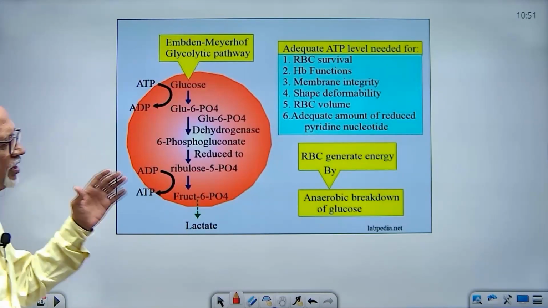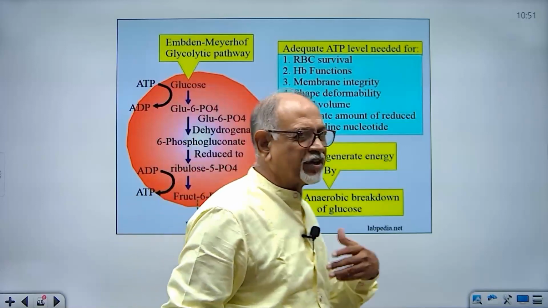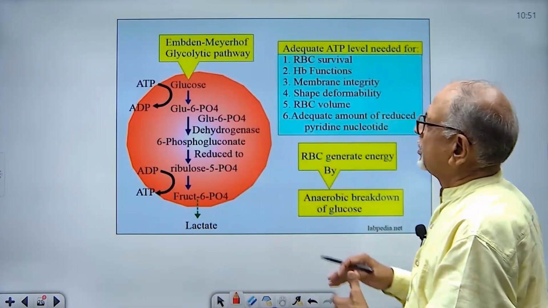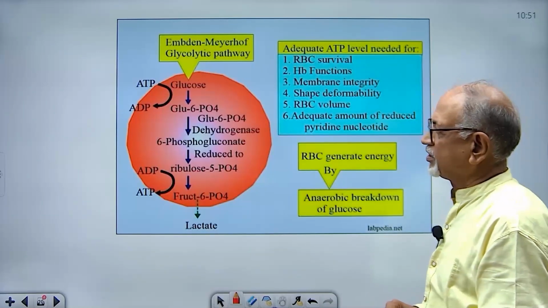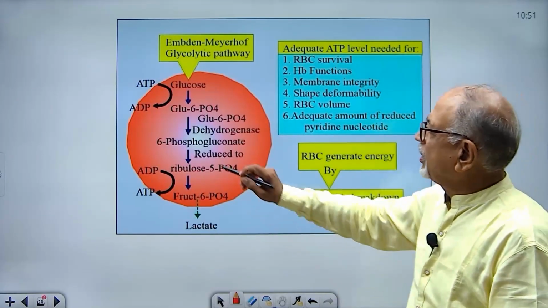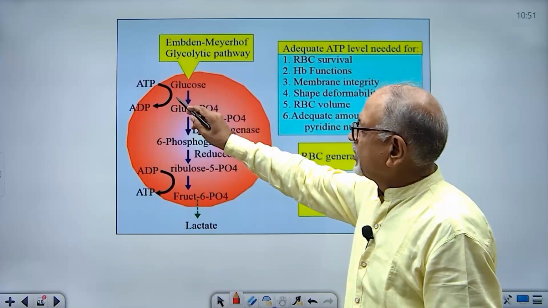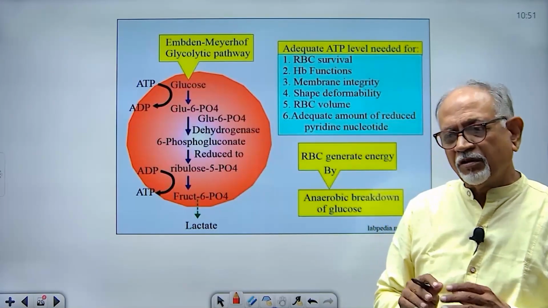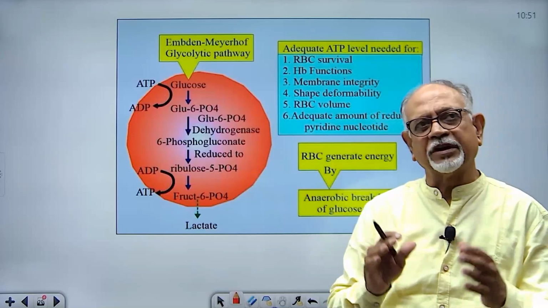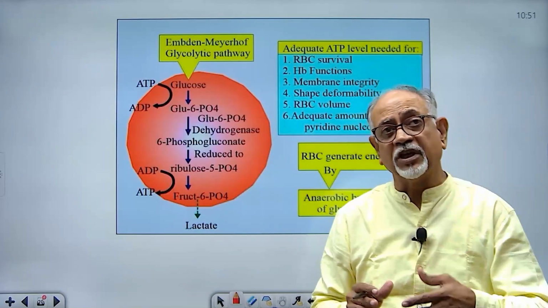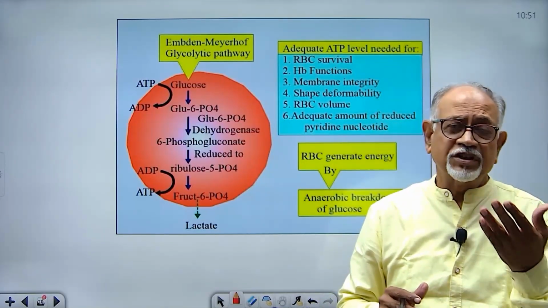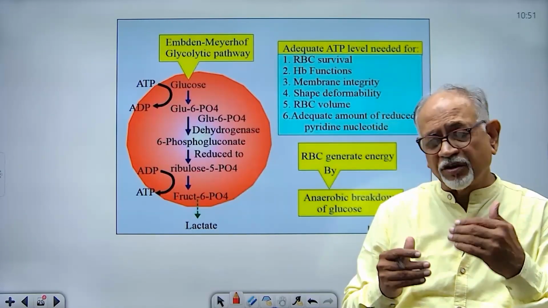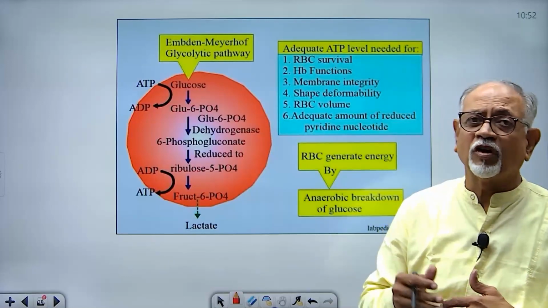Here is another picture which depicts in detail the total EM glycolytic pathway. Here you can see the ATP is used and converted into ADP. You know, this is an anaerobic respiration in which 4 ATP are produced, 2 of which are used in the process and 2 ATP remain for use of RBC.